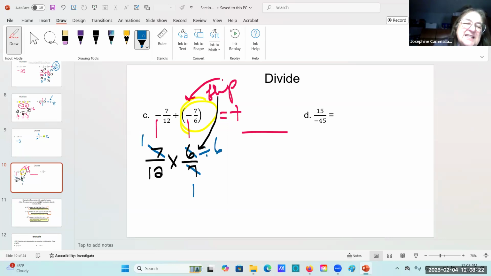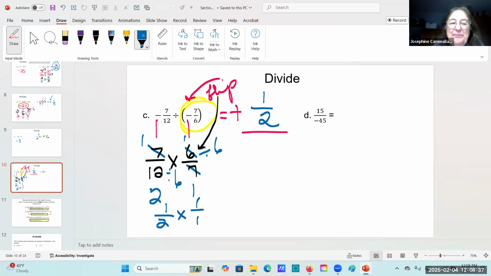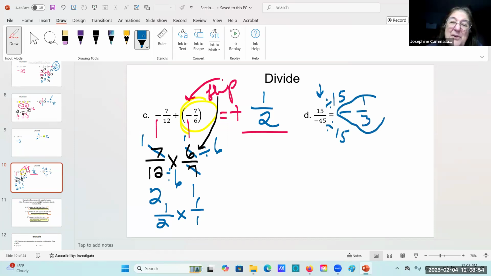This 6 and this 12 are going to give me 1/2, because it's 1 over 2 times 1 over 1 when I cross cancel. Now this is giving me a negative. Now, if I divide by 15, my answer is a negative 1/3.